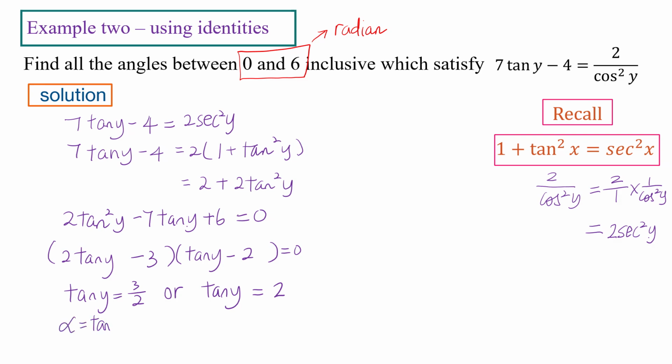So this will be tangent inverse 3 over 2. And when you find the angle, remember to switch the calculator mode to the radian mode. So tangent inverse 1.5 will give you 0.9828.